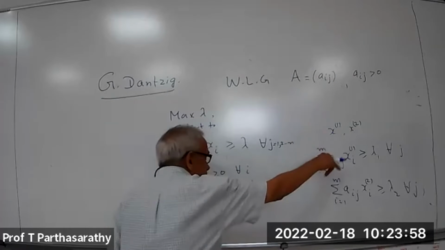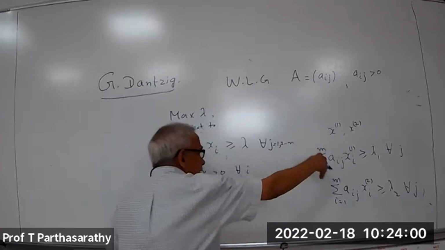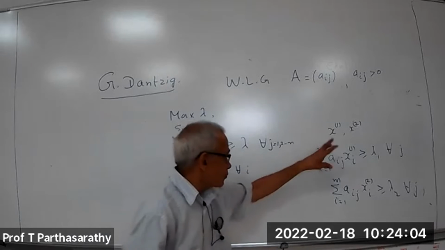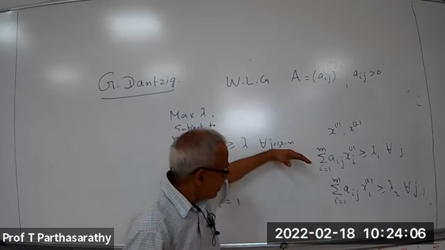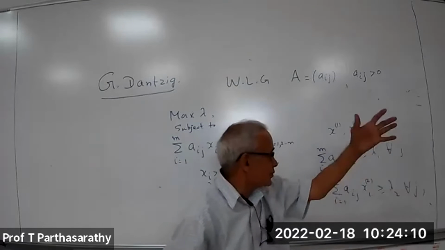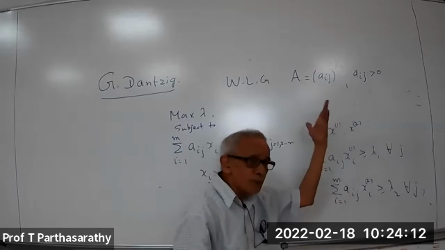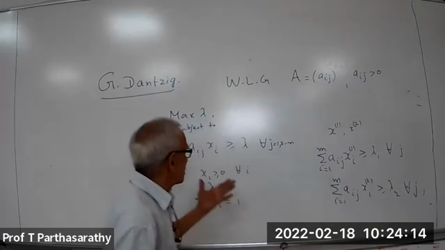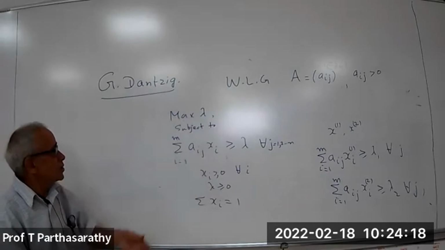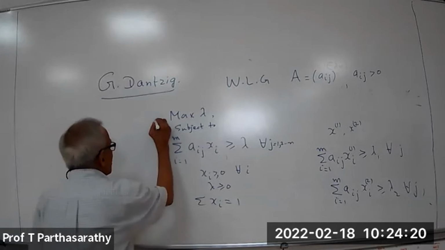The idea is simple. If you have two strategies, x1 and x2 for player 1, and the one gives more income against all possible choices of player 2, then you would prefer that. So you solve this problem. This number is what is called the value of the game.